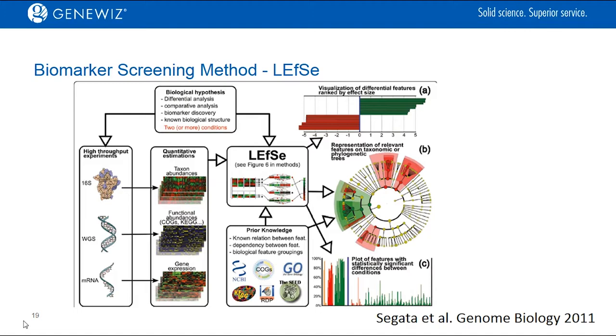Typically, class comparison methods predict biomarkers consisting of features that violate a null hypothesis stating there's no difference between classes. But this method also determines the significance of these variations. This approach was validated on human microbiomes, mouse models, and environmental samples, so it's very powerful for biomarker discovery.